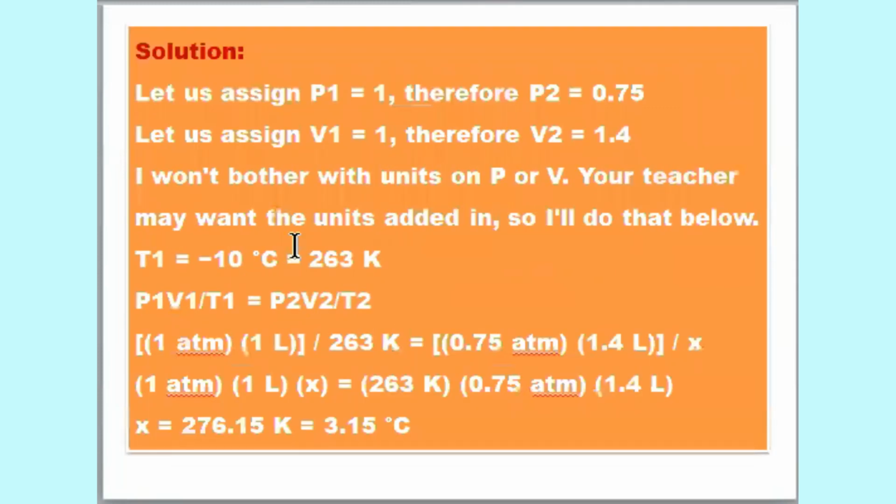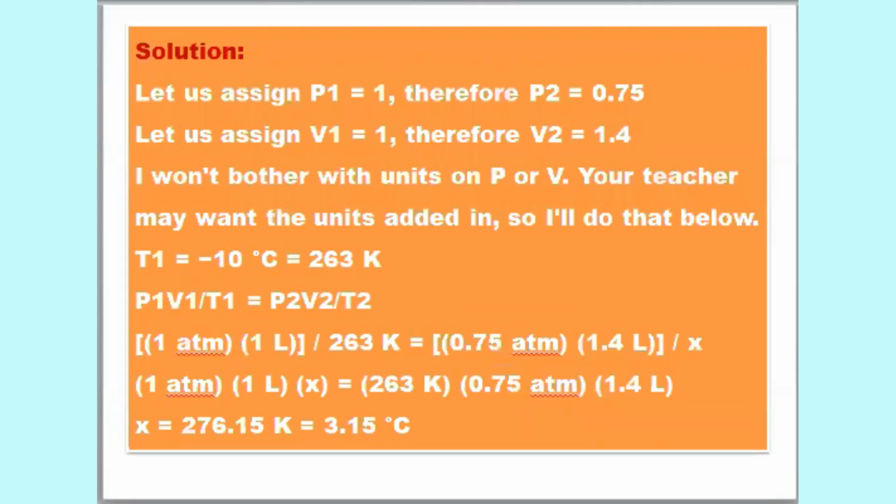Solution: let's assign P1 is 1, therefore P2 is 0.75, and let's assign V1 is 1, therefore V2 is 1.4. I will not bother with units on P or V. Your teacher may want the units added in, so I will do that.